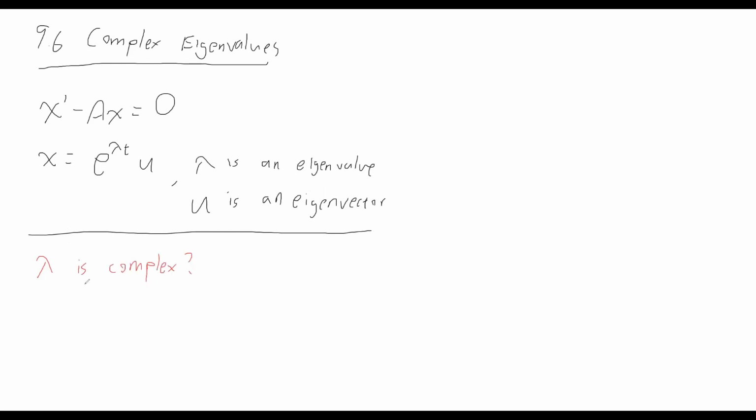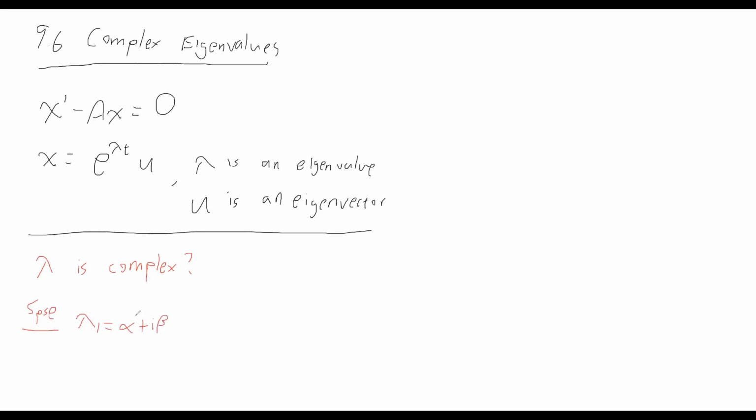Right. So when you solve the characteristic equation, usually we end up solving a polynomial. So when solving a polynomial, it's possible for us to have a complex lambda. Right. So suppose we have lambda equal to alpha plus i beta, right?